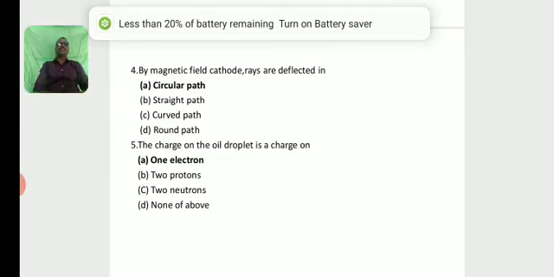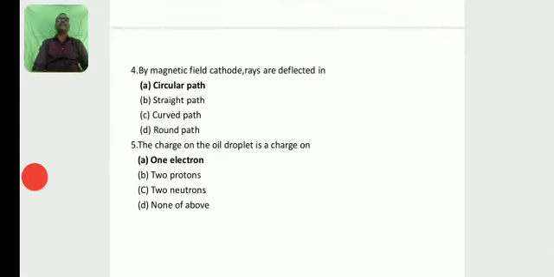Then the fourth question: by a magnetic field, cathode rays are deflected in a circular path, straight path, curved path, or round path. Usually in a magnetic field, the charged particle moves in a circular path. The charge on the oil droplet is a charge on 1 electron, 2 protons, 2 neutrons, or none of the above. The first one is the correct answer, 1 electron.